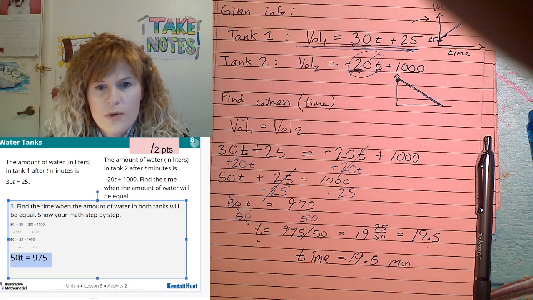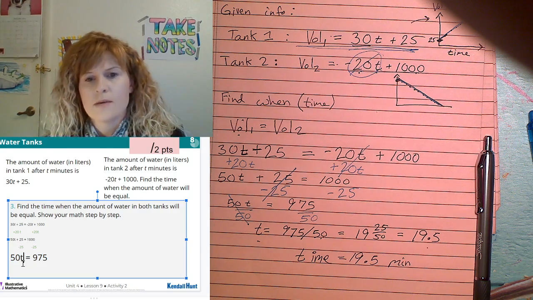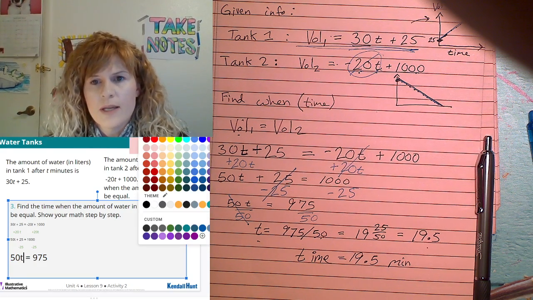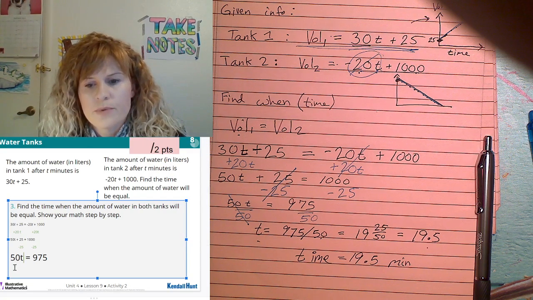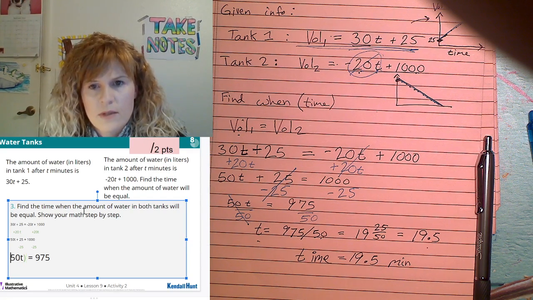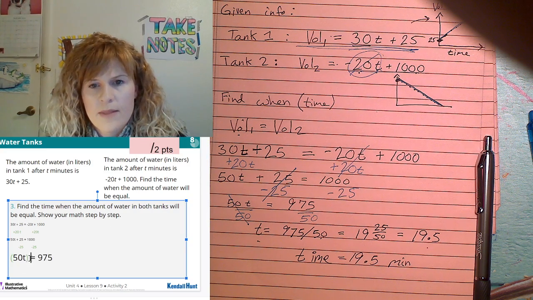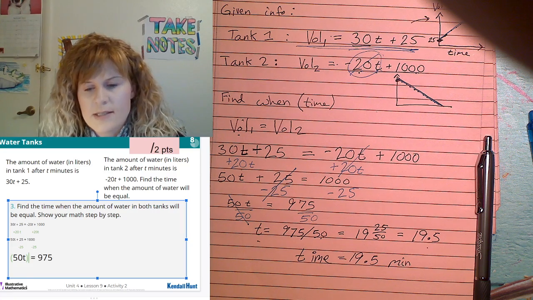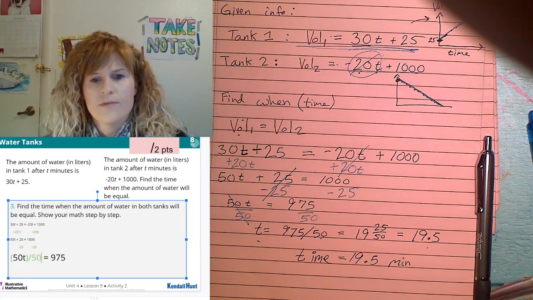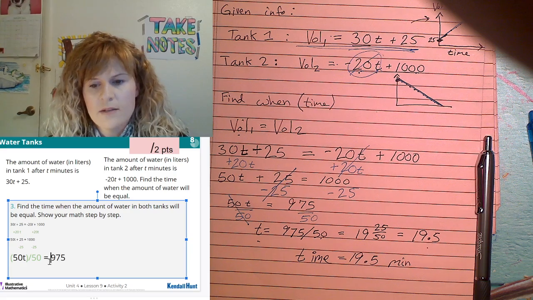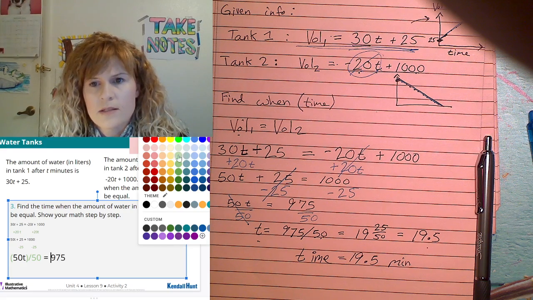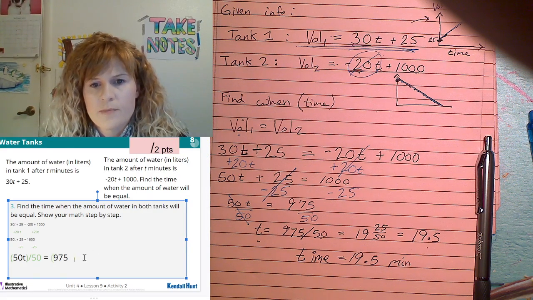Okay, to show that you're dividing both sides, why don't you go ahead and put parentheses like this, and then using green so that I can see it's the next step, divide 50 on that side and use parentheses.